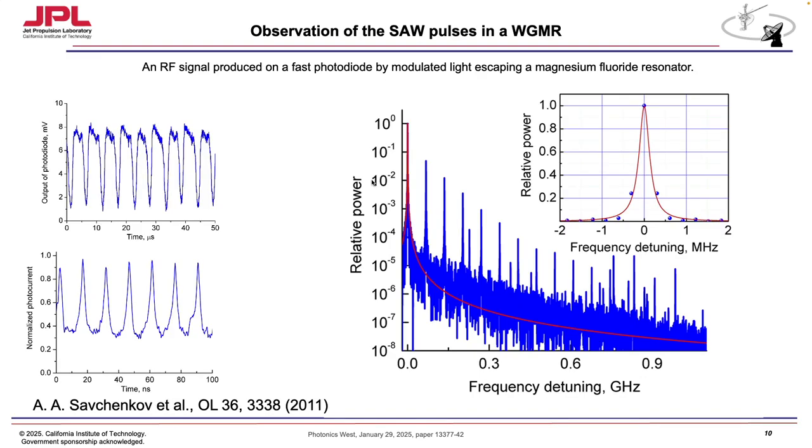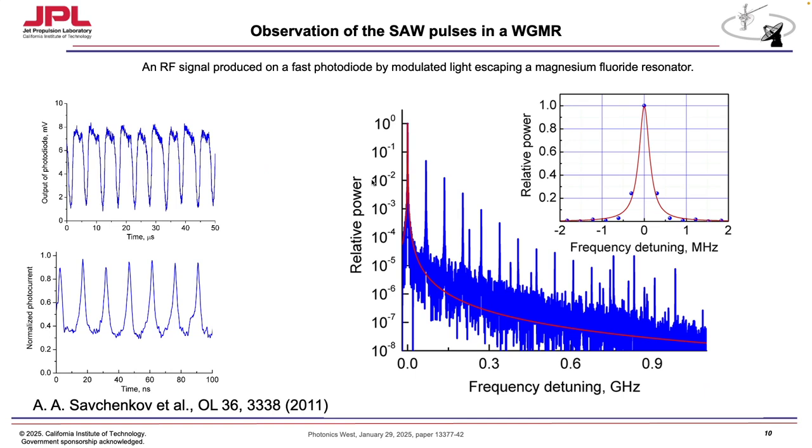In addition to it, with surface acoustic waves, we observed interesting effects related to the creation, as we believe, of a pulse on the surface of the microcavity, because the mode was very narrowband, while the spectrum that we observed was much broader. Here is how the mode looks, the red line, and this is the spectrum we observed.